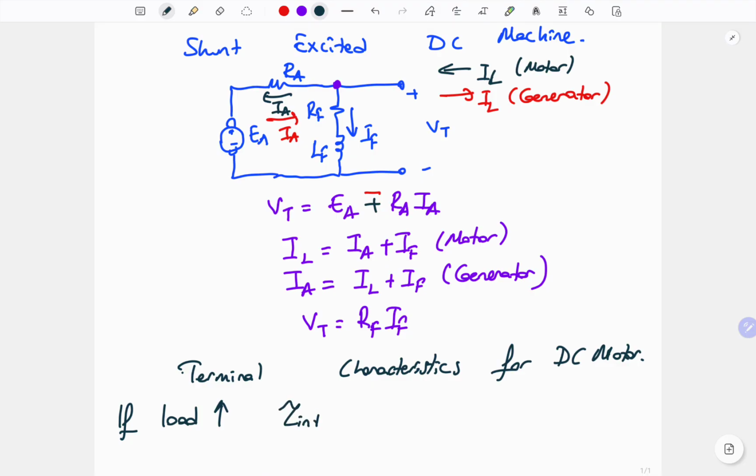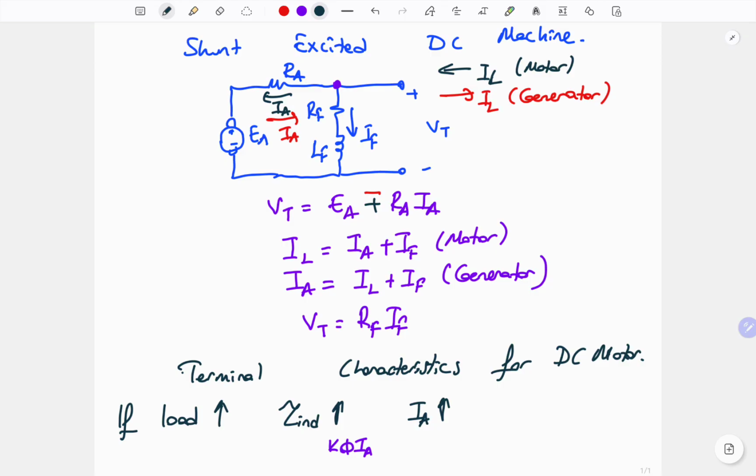And we know the relation between the torque and the internal parameters, which is K, phi, and armature current. For constant flux, the armature current must also increase to be able to supply this higher torque.